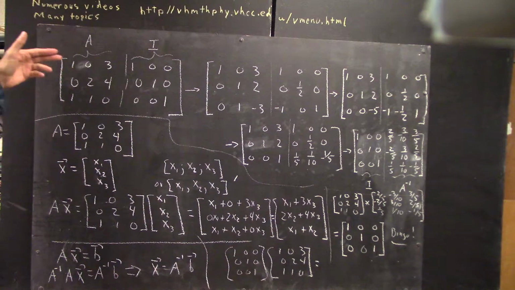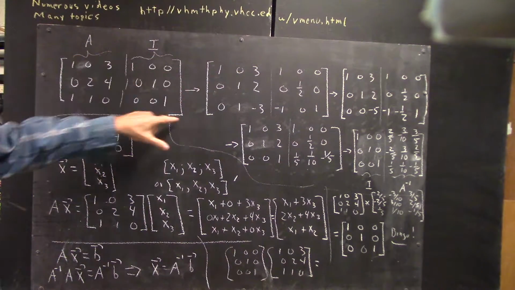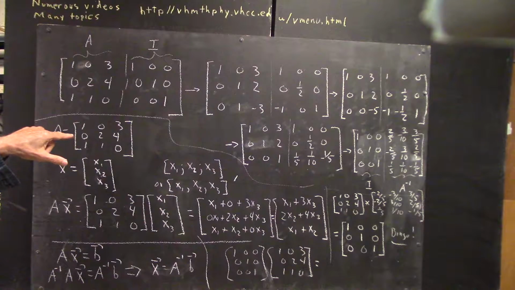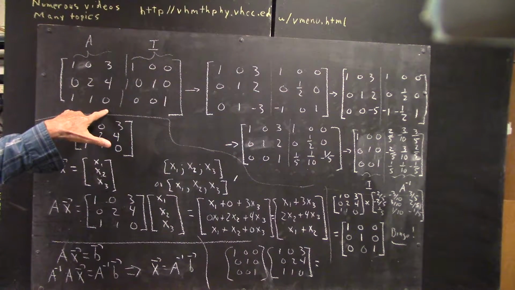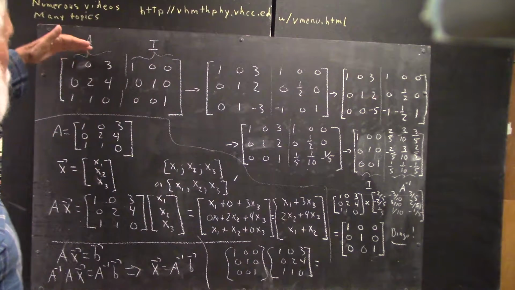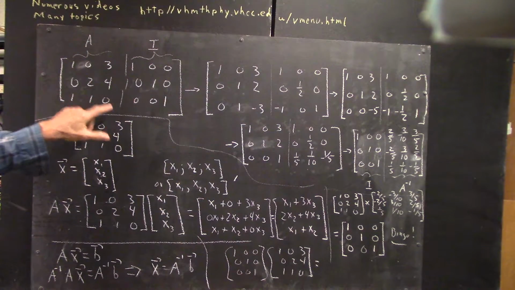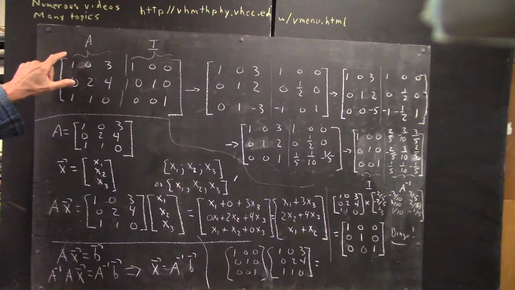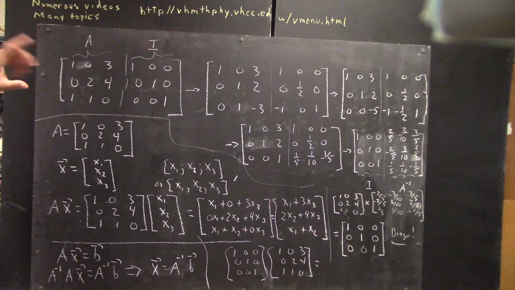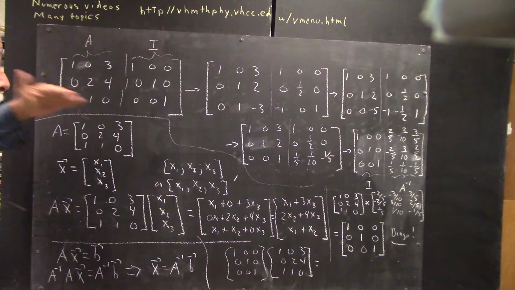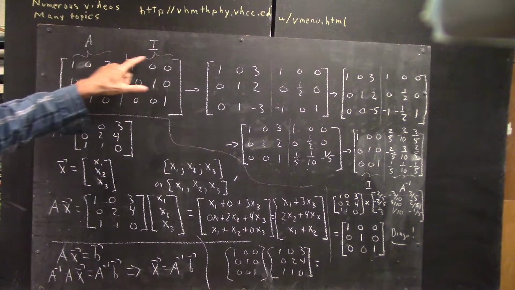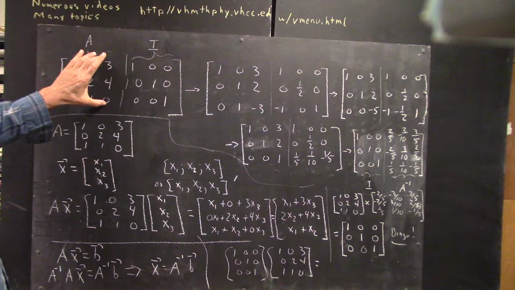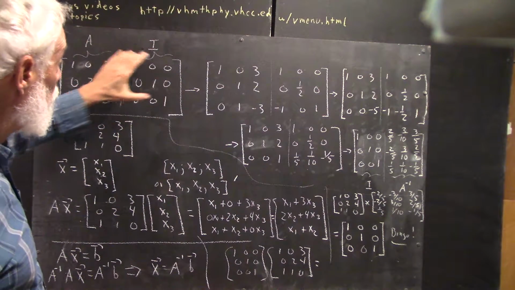And then we row reduce this big matrix until we end up with the identity matrix here, because of course in the row reduction process we will ultimately end up with the identity matrix unless this matrix doesn't reduce to the identity. Remember, the identity matrix is this. This matrix will in many cases reduce to this matrix.